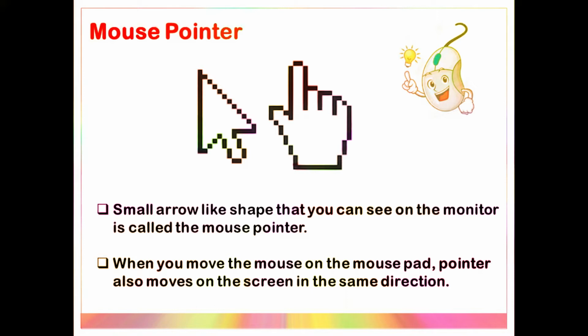Why do we call it that? Because it is a pointing device that is connected to the mouse we are holding in our hand. Once we move the mouse on the mouse pad, the arrow on the screen will move, and that's why we call it the mouse pointer.